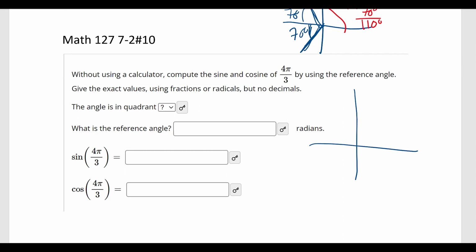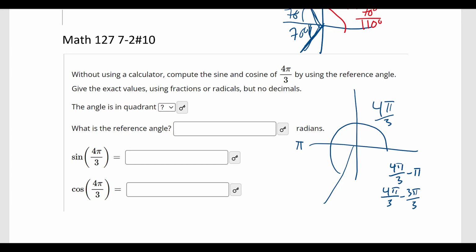So 4 pi over 3 is down here, and this is pi. So 4 pi over 3 minus pi is 4 pi over 3 minus 3 pi over 3, which is pi over 3. So the reference angle here is pi over 3.